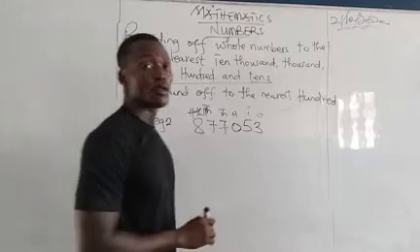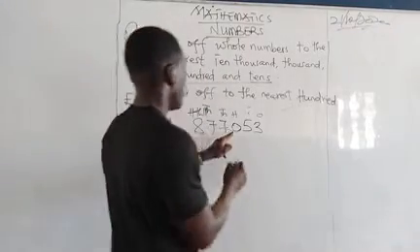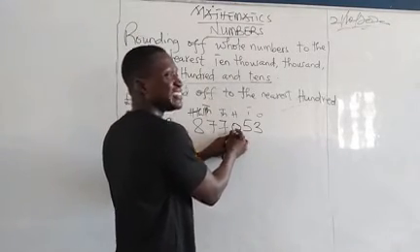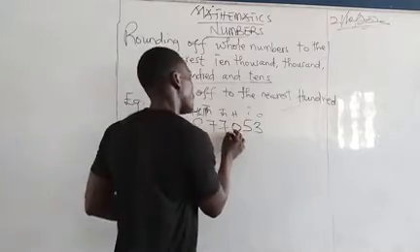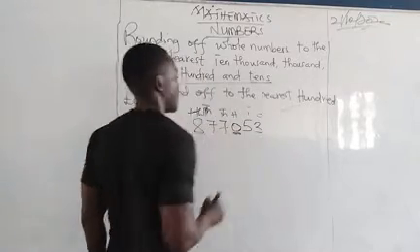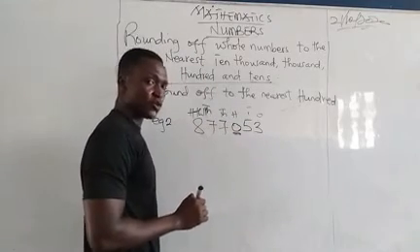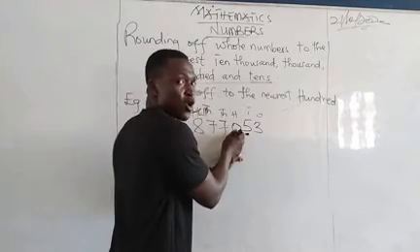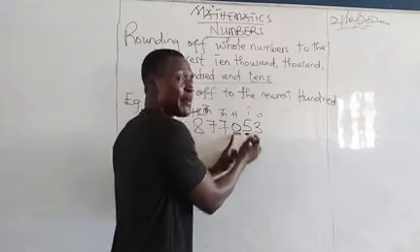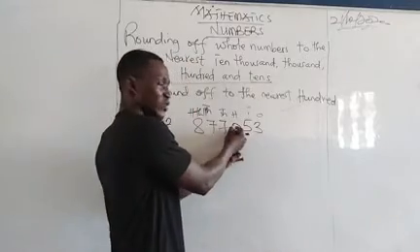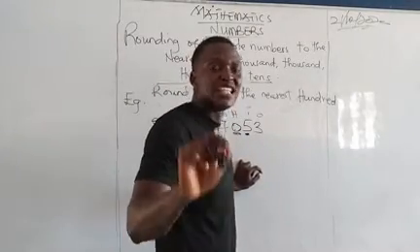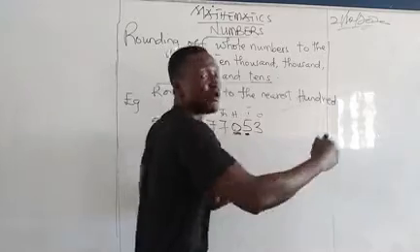So now your focus is on this, because we are rounding to the nearest 100. So our focus is on this one. You check the number next to your 100th digit. If the number is 5 and above, add 1 to this, make the rest zeros. If the number is 4 and below, just maintain your number, make the rest 0.